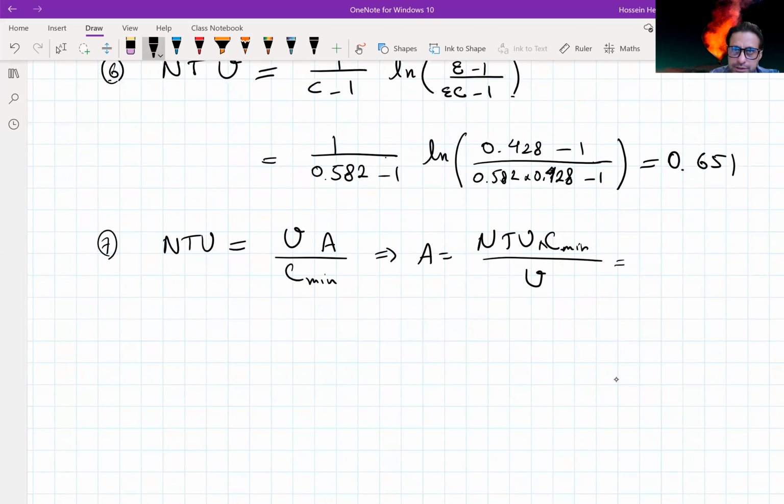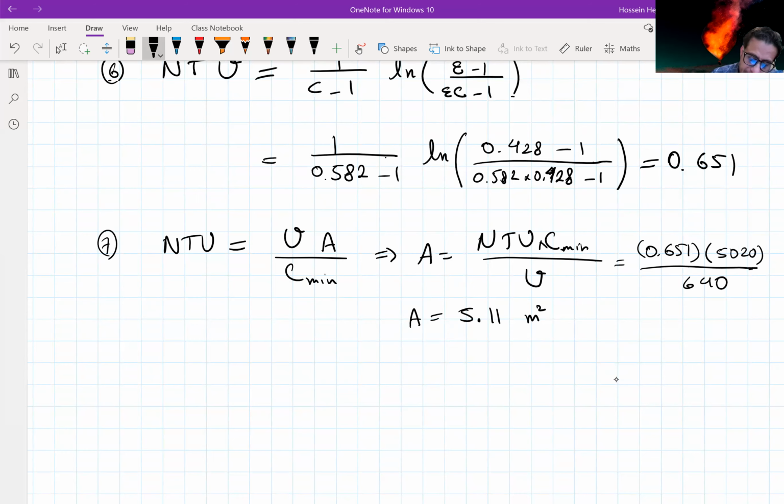If I do the replacement, 0.651 times the minimum of 5020 divided by 640. So the required area would be 5.11 square meters, which is a large number.